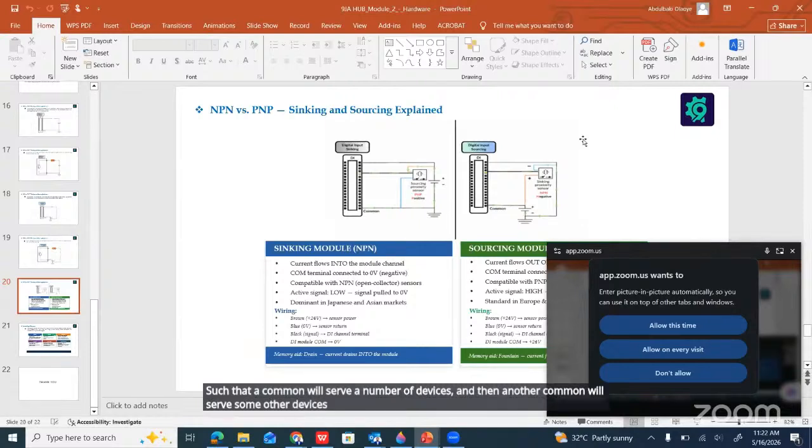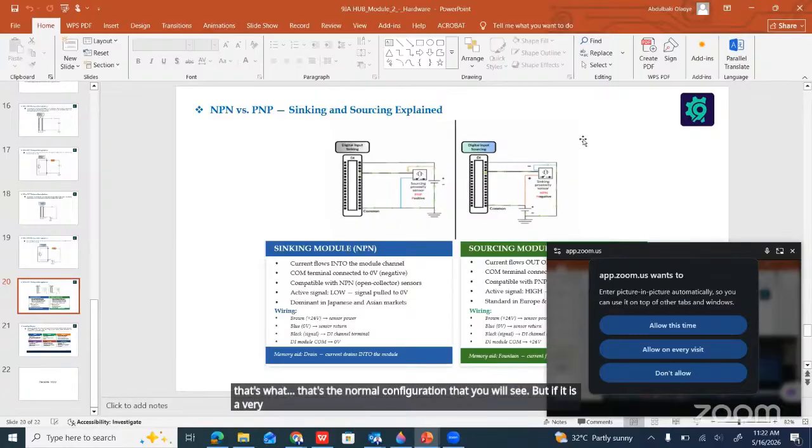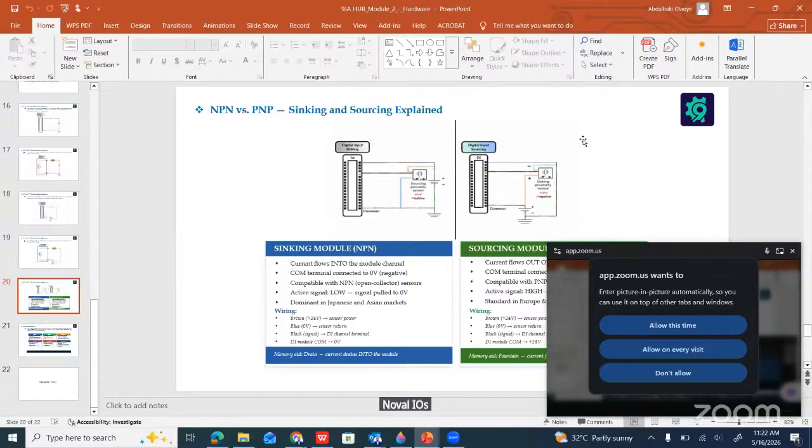That's the normal configuration that you will see. But if it is a very compact PLC with a small number of IOs, you can find that one common is serving all of them.